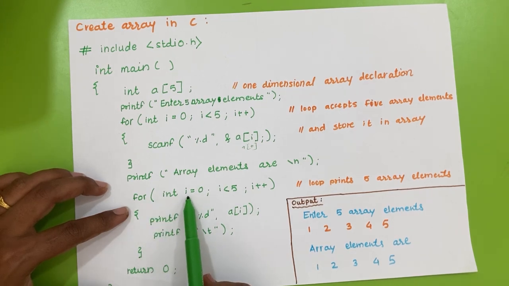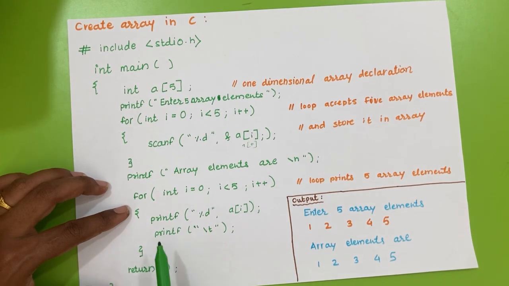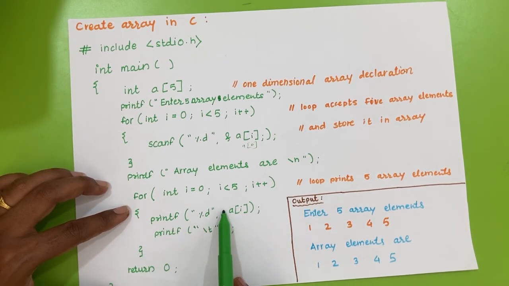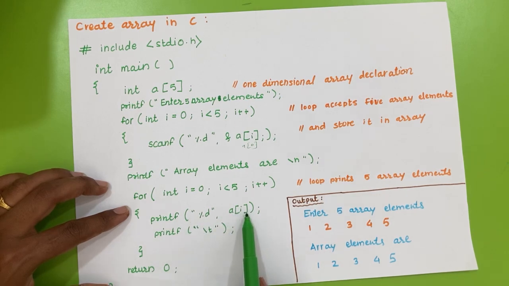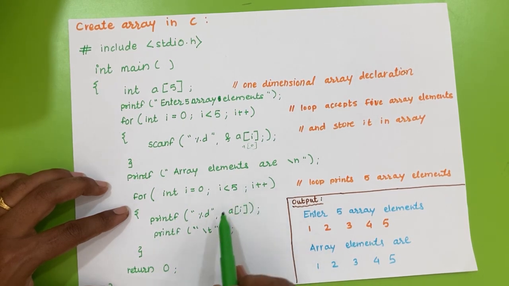So for int i equal to 0, i less than 5, i plus plus, printf. Here I don't need to use the ampersand sign. So printf %d a[i]: the first time when i is equal to 0 it will print the first element, then the count will be incremented by 1, then it will print the second element, that is a[1].